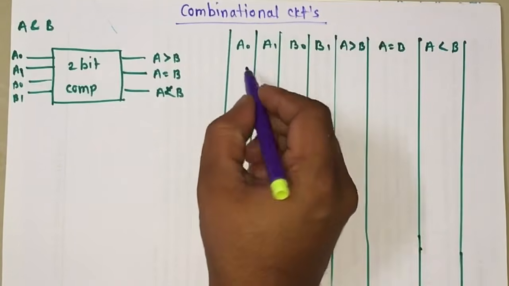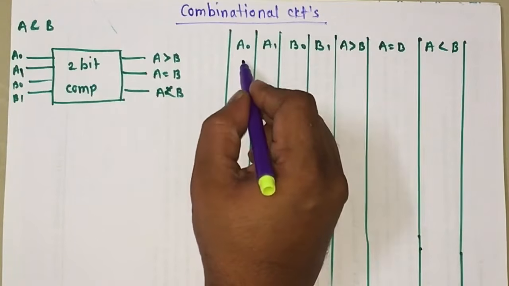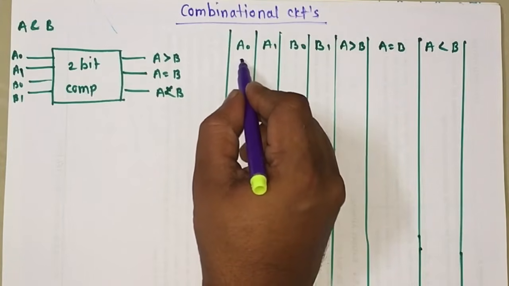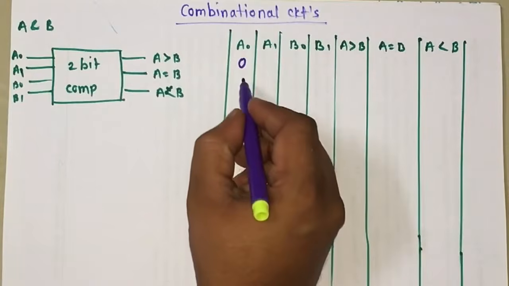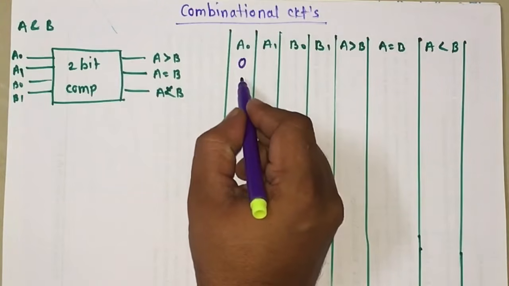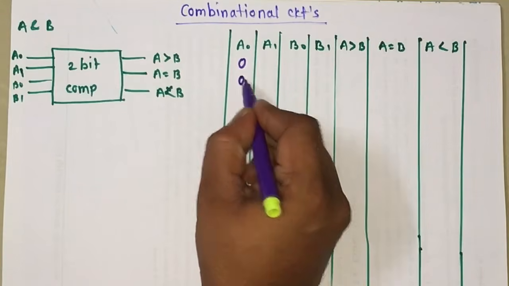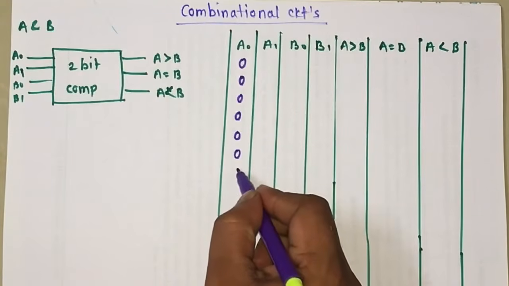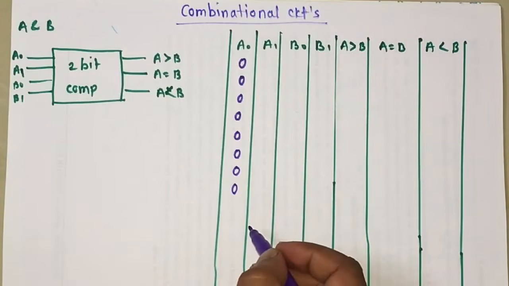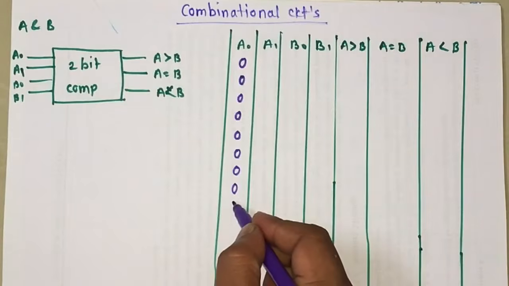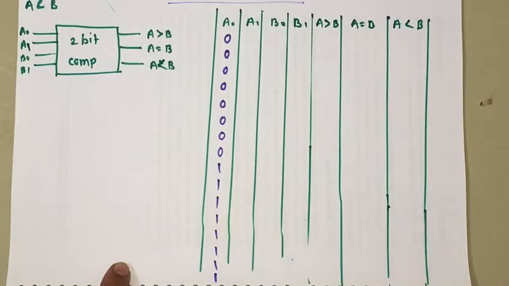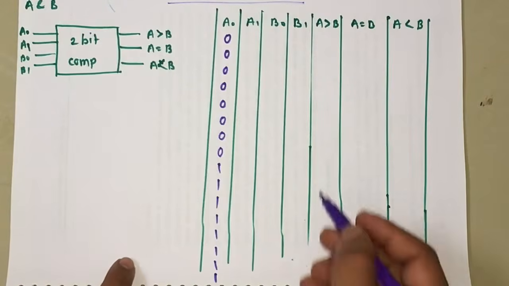You can write these combinations by using the method that I have already discussed with you. In the first column you have to write 8 times 0, then 8 times 1. This is the actual sequence.